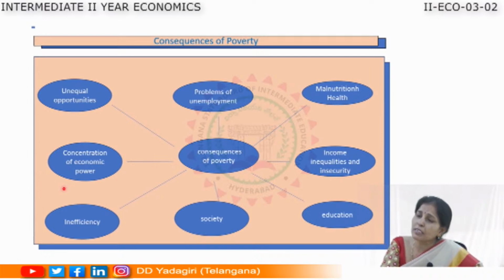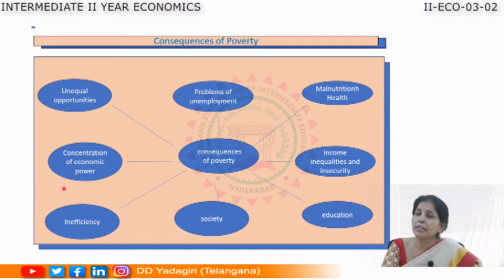If poverty is increasing and we are not able to reduce it, that will increase the unequal opportunities. The opportunities should be provided equally to all the people, but a major consequence of poverty is that it will lead to unequal opportunities in all the segments of society.